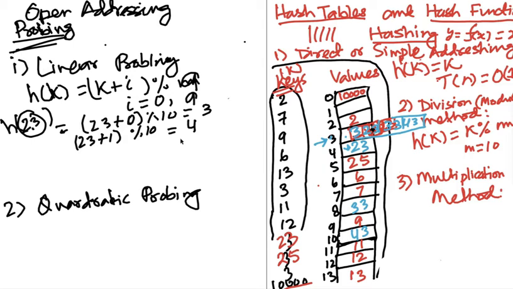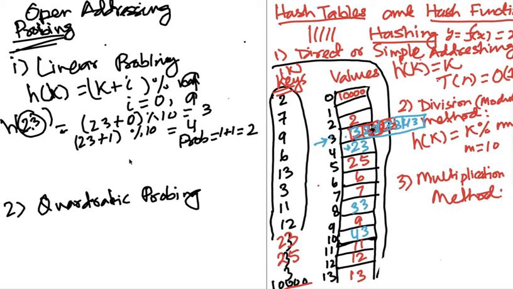The probe value will be 1 for landing at 3, and then we need one more step to go to 4, so the probe will be 1 plus 1, equal to 2, or if we do not consider the first landing, then we can say 1.